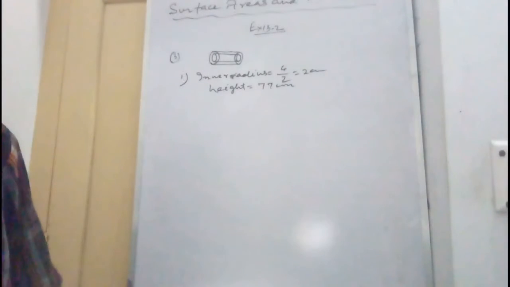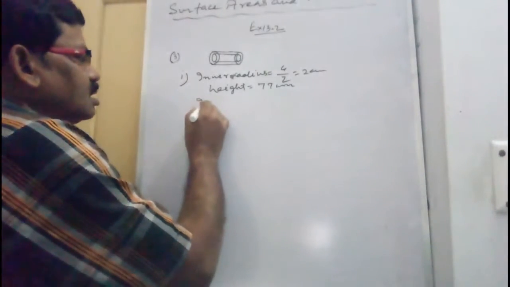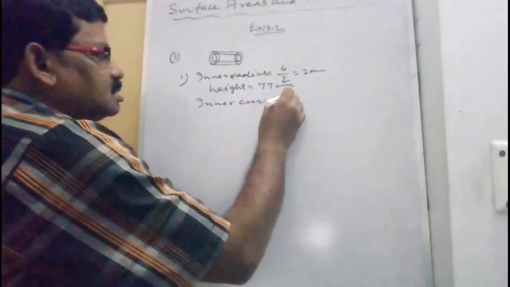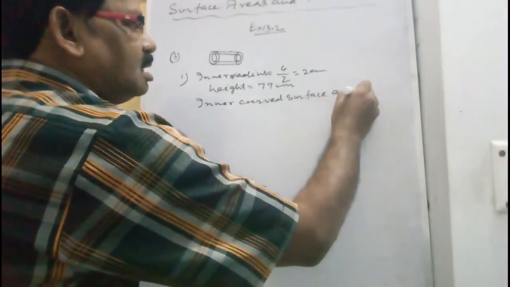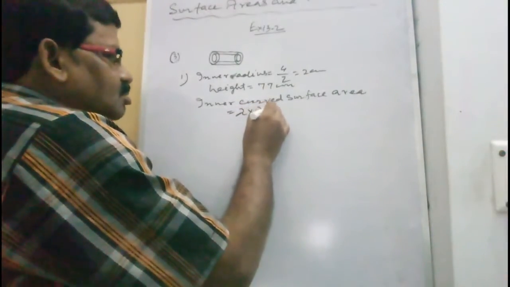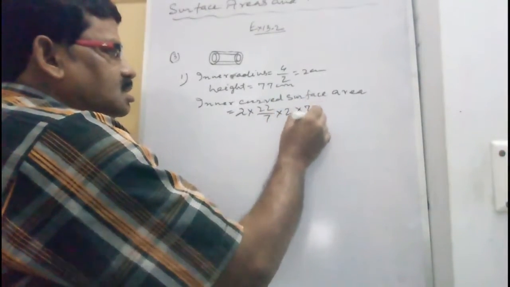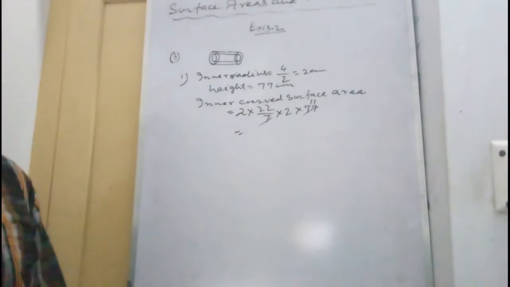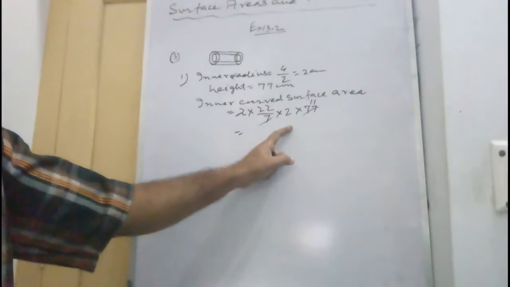Now first you have to find the inner curved surface area. So inner curved surface area is 2 pi RH, 2 into pi value 22 by 7, R is 2, H is 77. Now multiply 2 with 22 with 2 into 11.